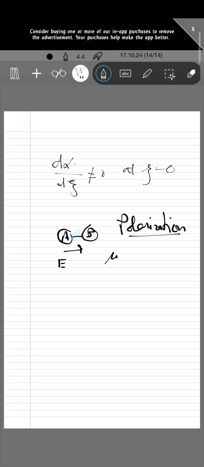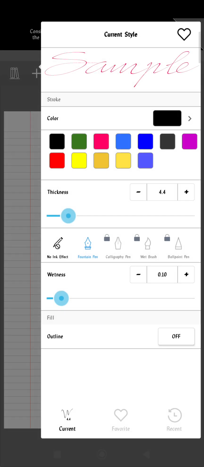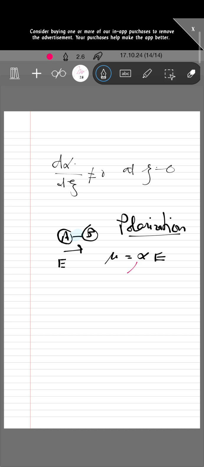So we can say that the electric dipole moment arising is proportional to the electric field. The higher the electric field strength, the higher the polarization, and so we can write mu is equal to alpha into E, and alpha is called the polarizability constant.